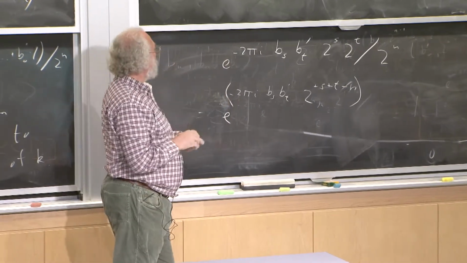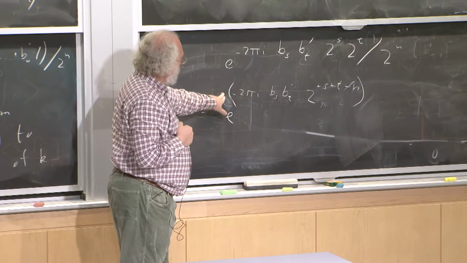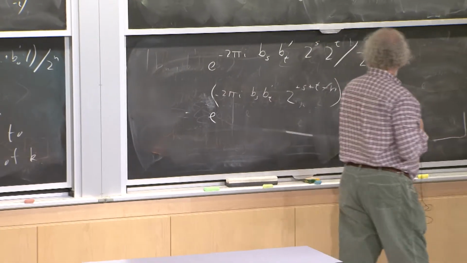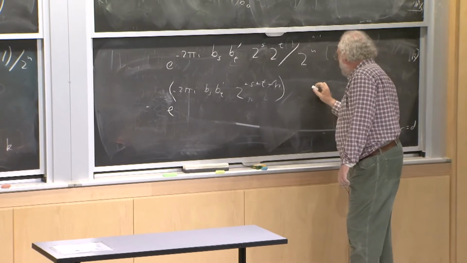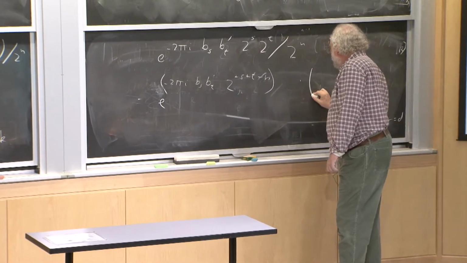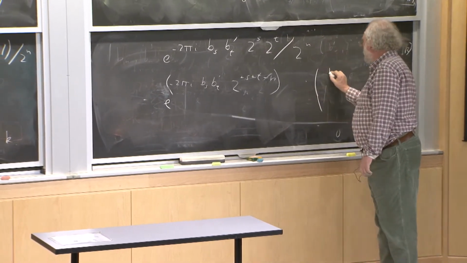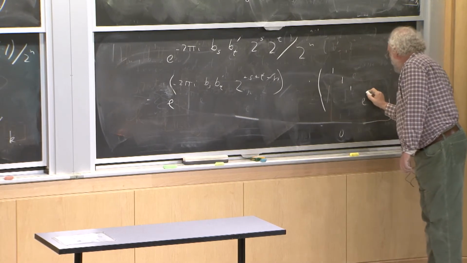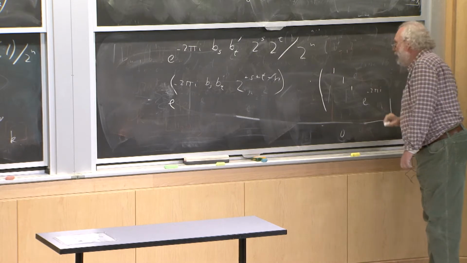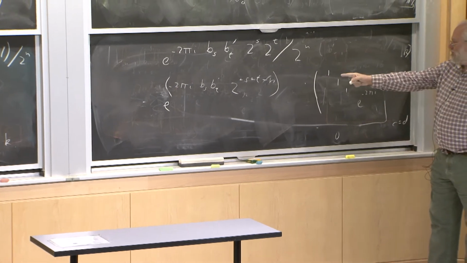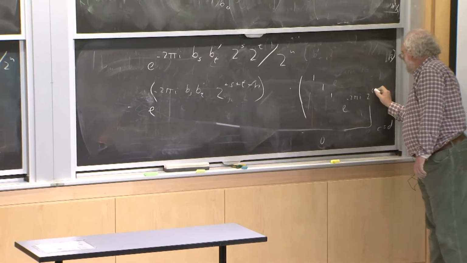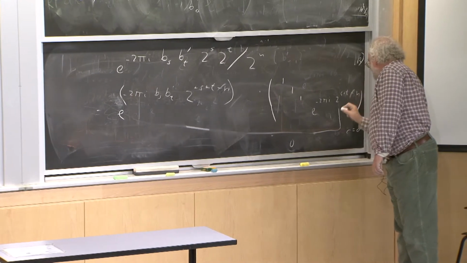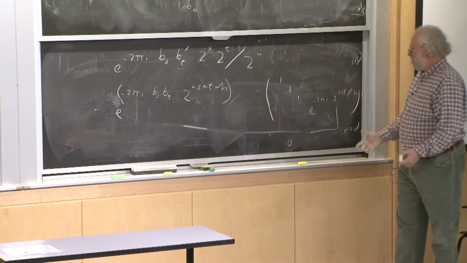There, that's better. Okay, so what does this gate do? Well, this gate is just 1, 1, 1, e to the minus 2 pi i 2 to the s plus t minus n.